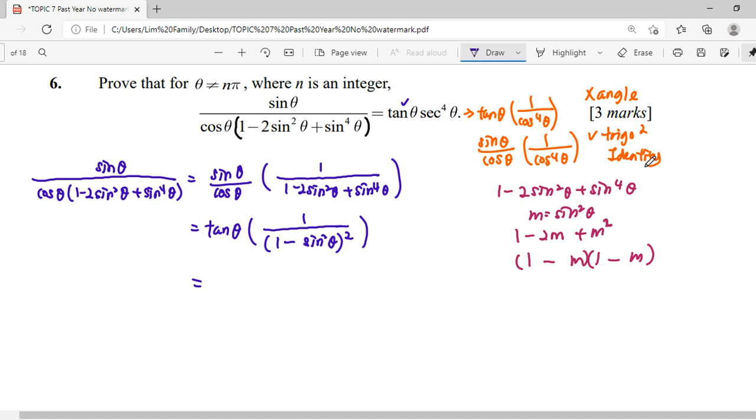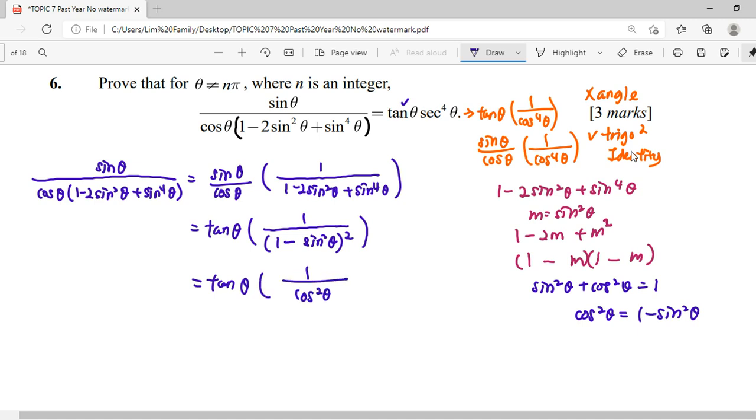Can 1 minus sine square be simplified to something else? It might involve our identity. The identity is sine square theta plus cos square theta equals 1. When I move sine square theta to the right hand side, it will be 1 minus sine square. So definitely down here we can simplify in terms of cos square theta.